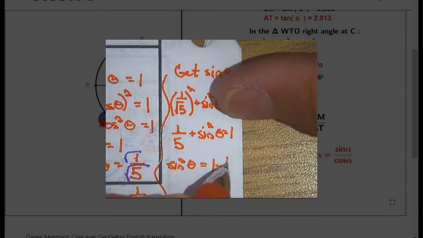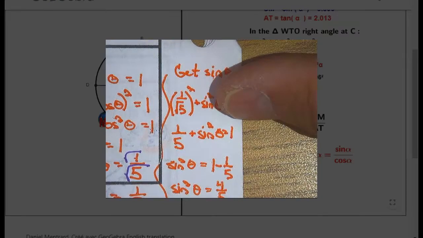Get 1 minus 1/5, which is 4/5. Think of that 1 as 5 over 5. And now do the square root of everything. Square root of 4 is 2. Square root of 5, I can't do. I just leave it alone.